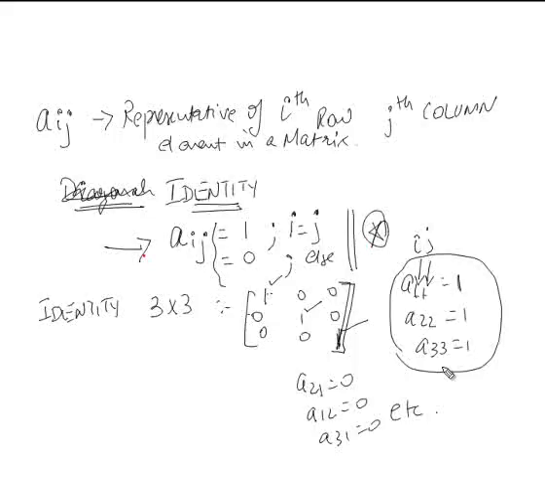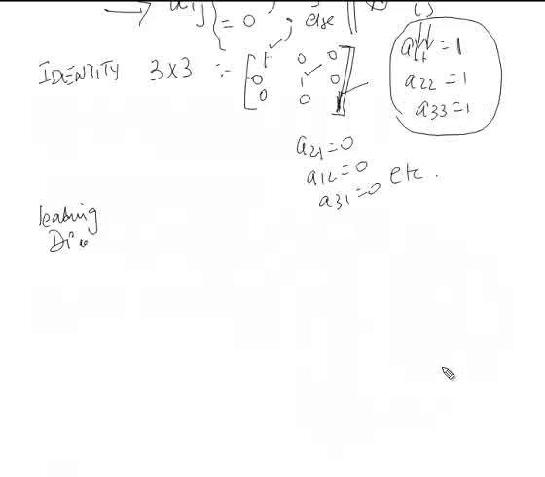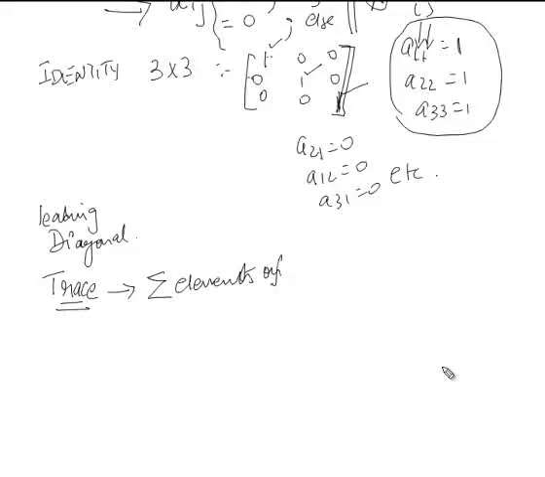Okay. Now here we understood, in the process of defining an identity matrix, what we mean by a leading diagonal. Fine. There is another notation called trace. Trace is nothing but the sum of elements of the leading diagonal.